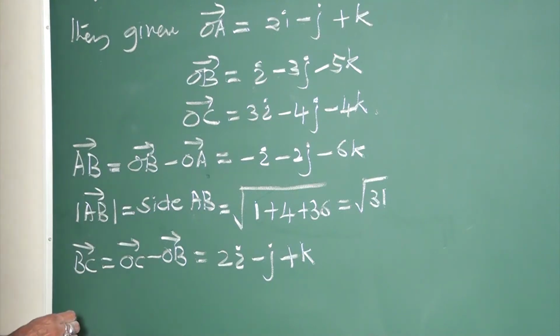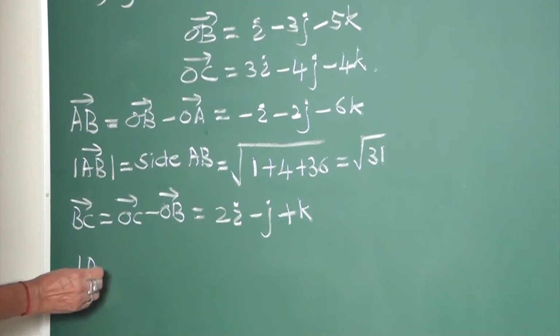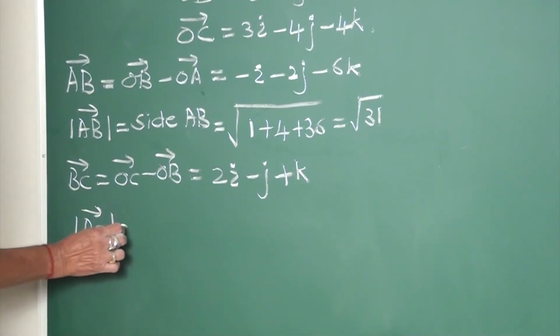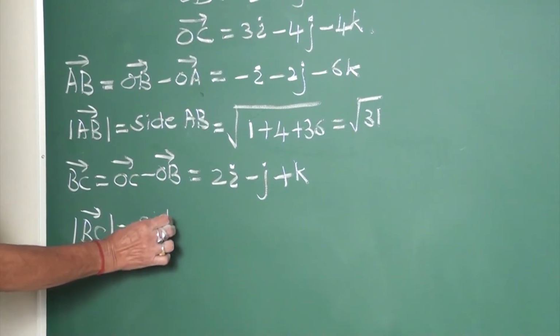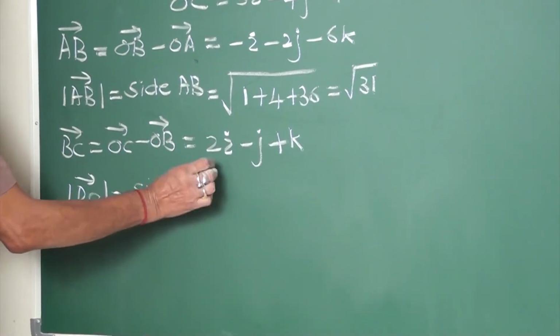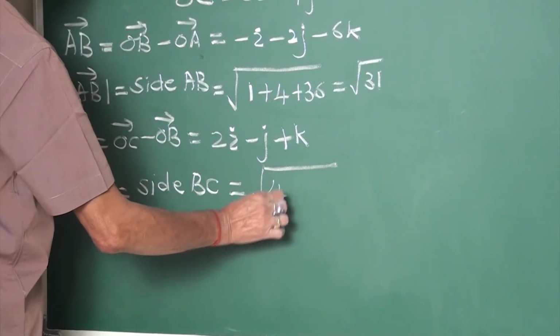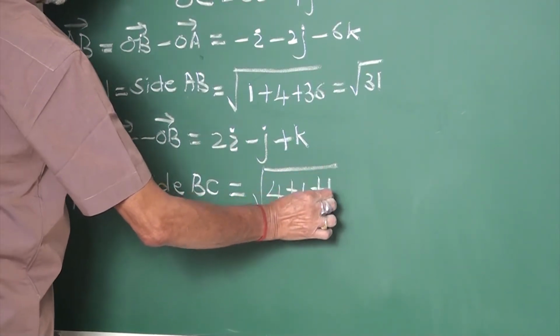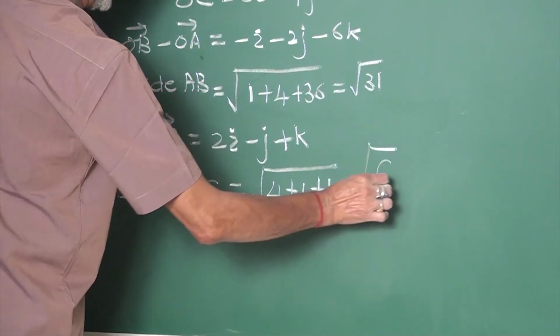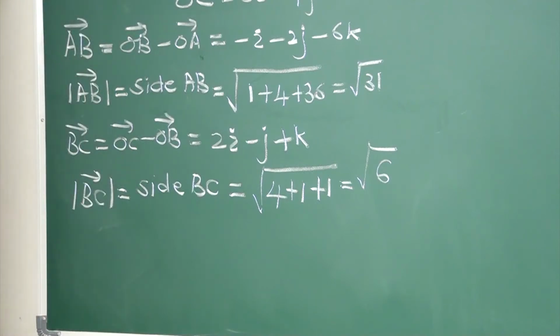Yes, magnitude of BC, which is side BC, is square root of 2 square plus minus 1 whole square plus 1 whole square. It is root 6. Next is CA.